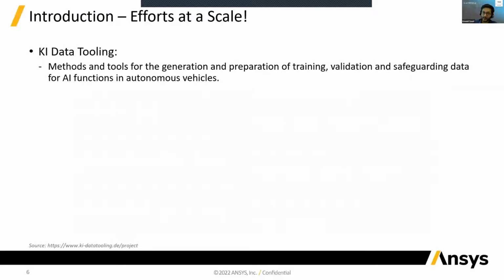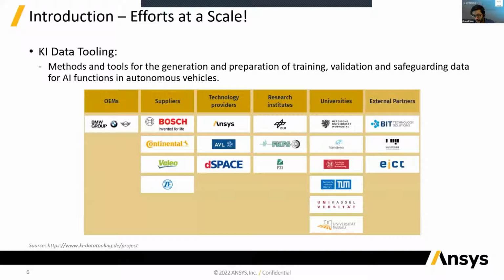In addition to that, and these are all current ongoing projects where Ansys is a partner, another ongoing project, a German funded project, is developing methods and tools for the preparation of training and validation to safeguard data for AI functions in autonomous vehicles. Here again, we see a huge number of universities, technology providers, Tier 1s, OEMs, and so on contributing to these projects.